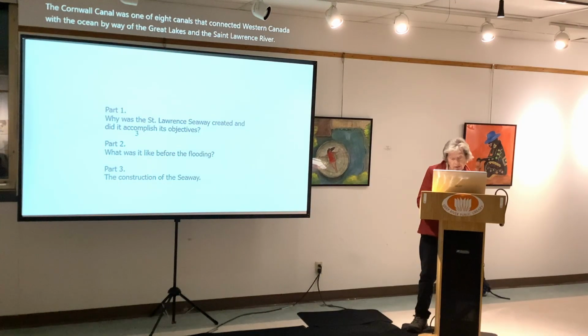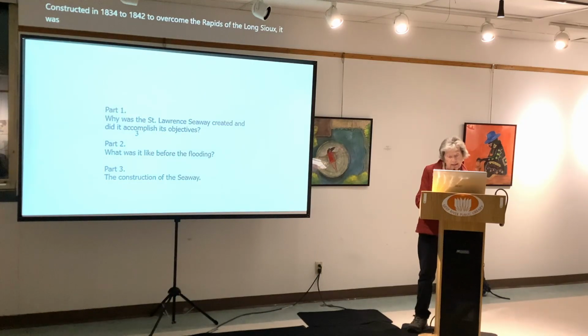Constructed in 1834 to 1842 to overcome the rapids of the Long Sault, it was enlarged several times between 1876 and 1904, and then superseded by the St. Lawrence Seaway in 1958.